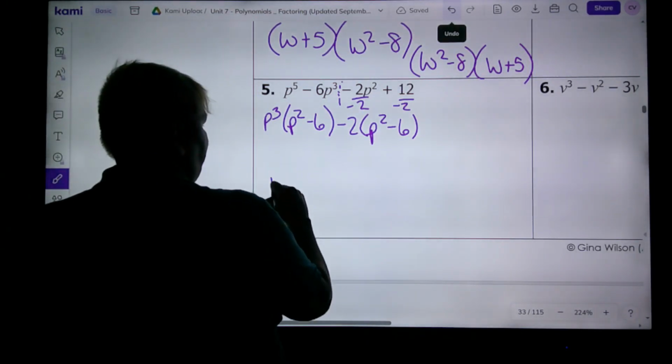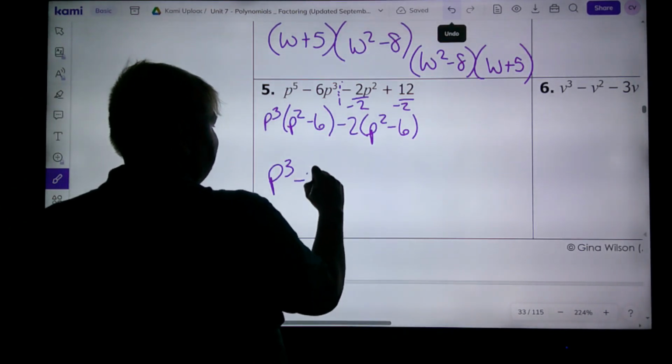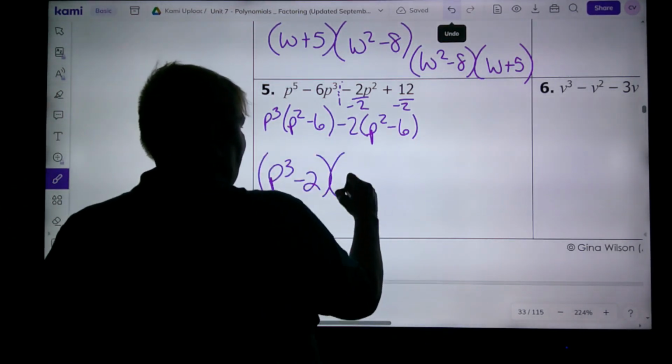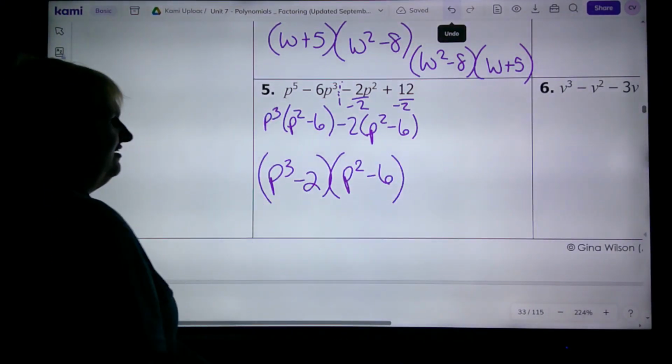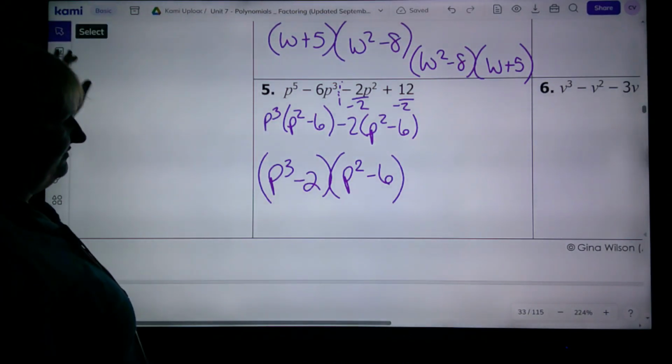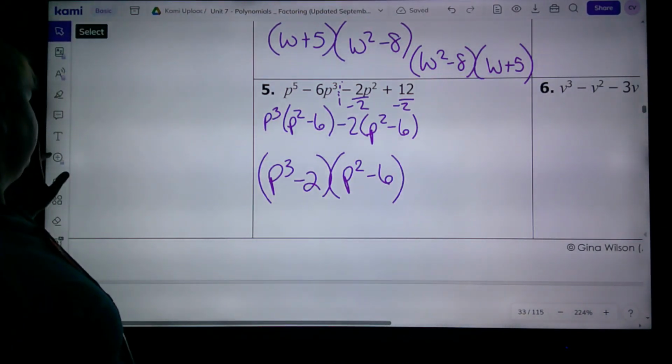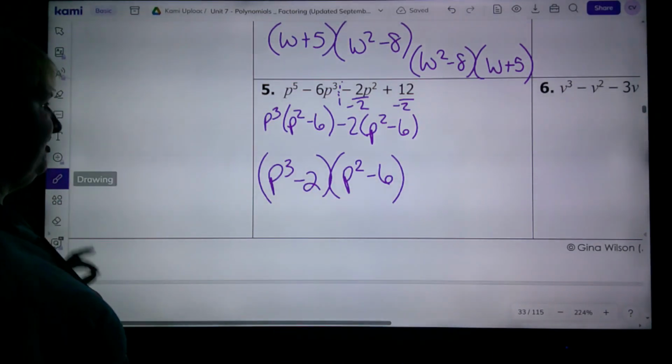Right? So P to the third minus 2 and P squared minus 6. P squared minus 6. You can always redistribute to make sure it works.